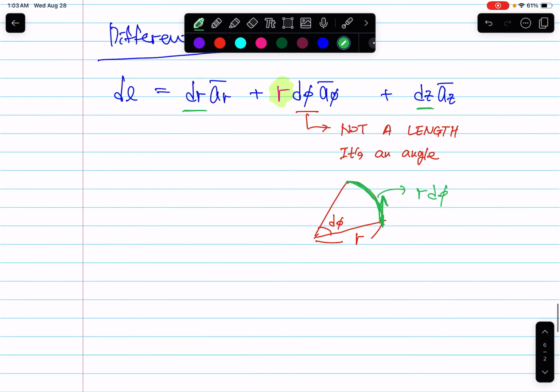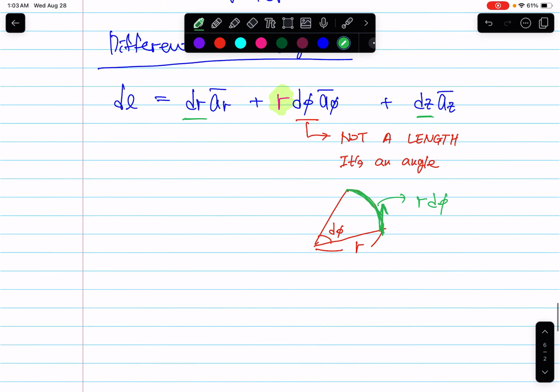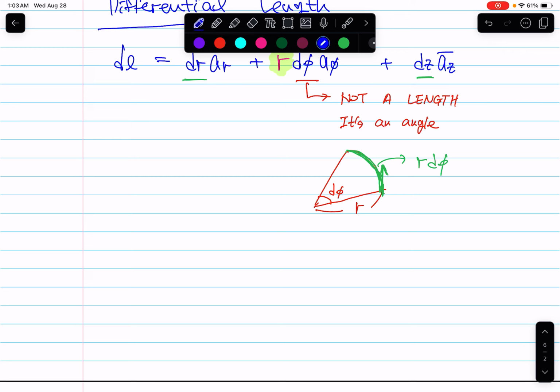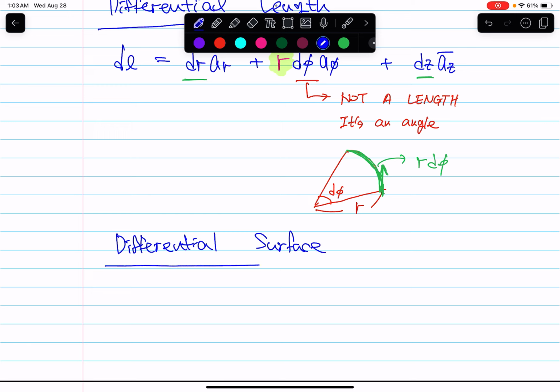Yeah, so similarly, differential surface, ds.